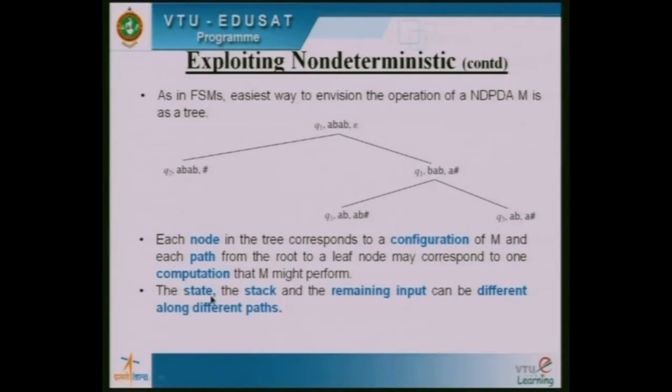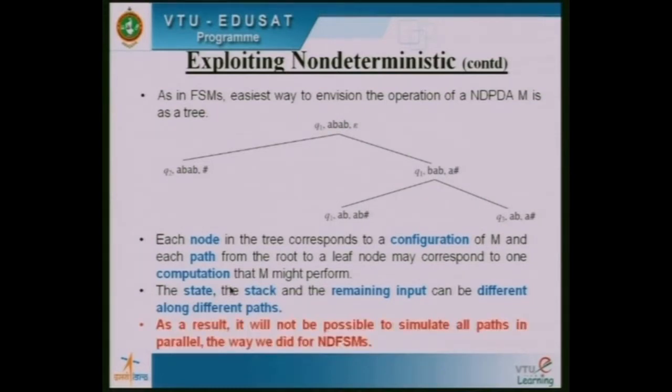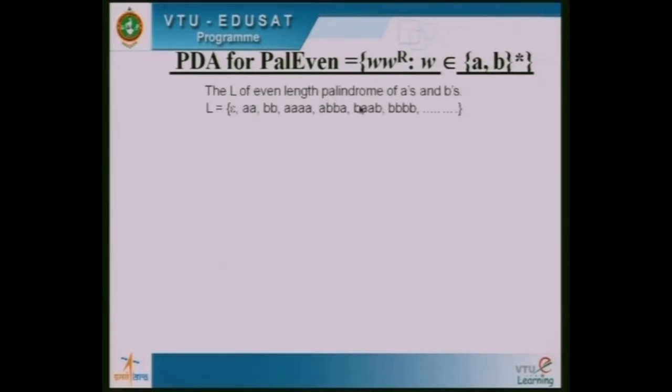The stack, the state and the remaining input can be different along different paths. As a result, it will not be possible to simulate all paths in parallel the way we did for non-deterministic finite state machines.